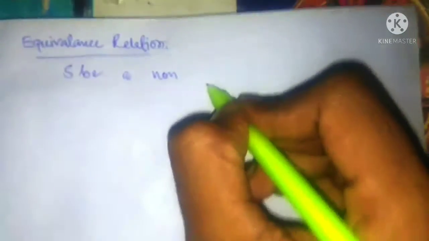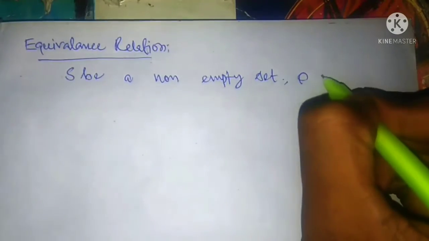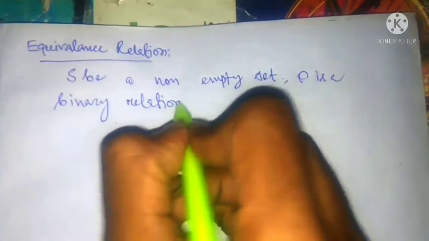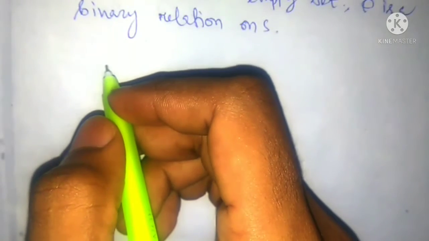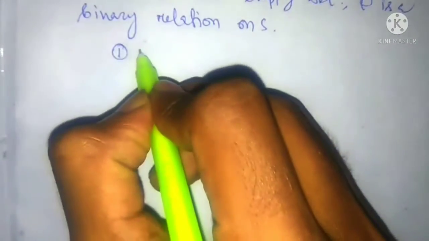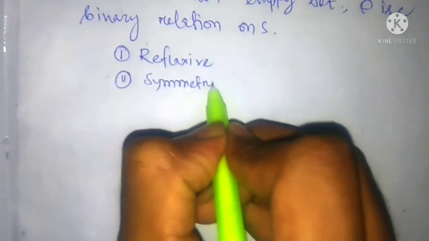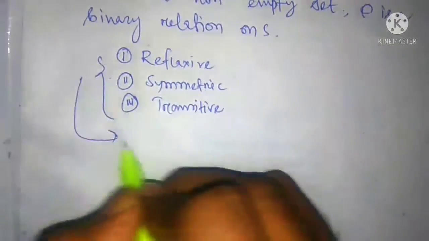So start equivalence relation. Let S be a non-empty set, and rho a binary relation on S. Then a relation is said to be an equivalence relation if one, reflexive, two, symmetric, three, transitive, these three properties hold.